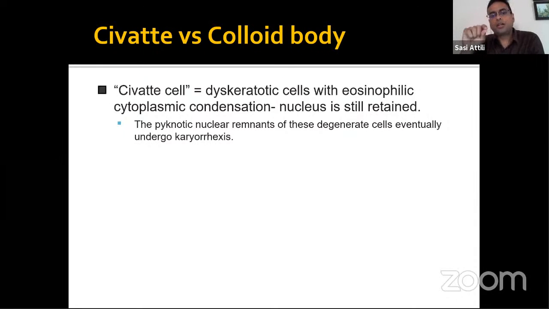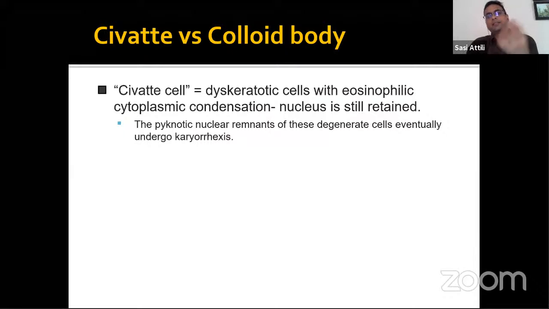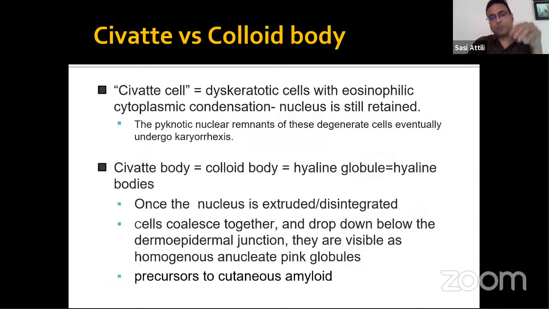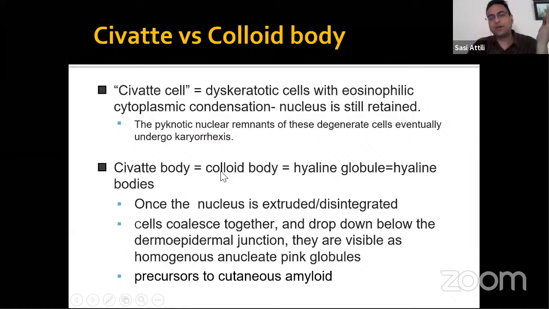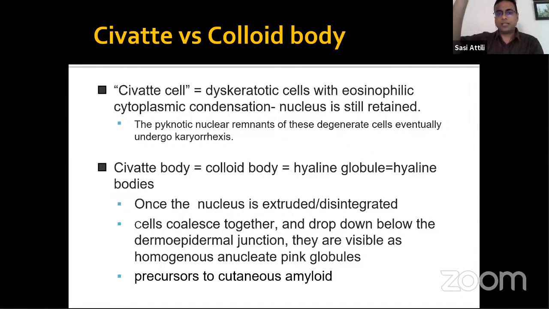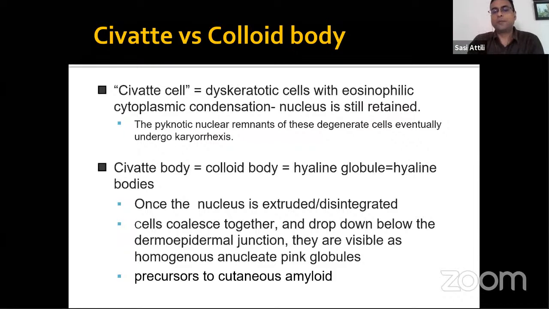When the pyknotic nuclear remnant is eventually destroyed and extruded out, these eosinophilic cytoplasmic globules drop down into the papillary dermis, and that's when we call them Civatte bodies, colloid bodies, hyaline globules or hyaline bodies. These are the pink globules present in the papillary dermis once the cells have been destroyed.